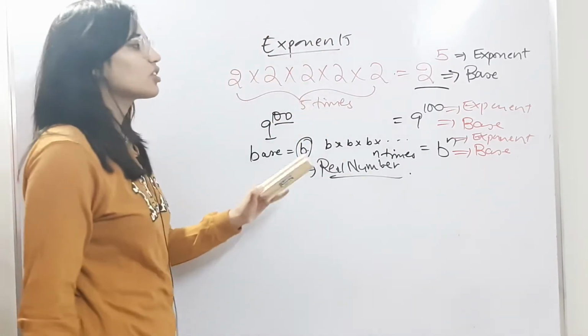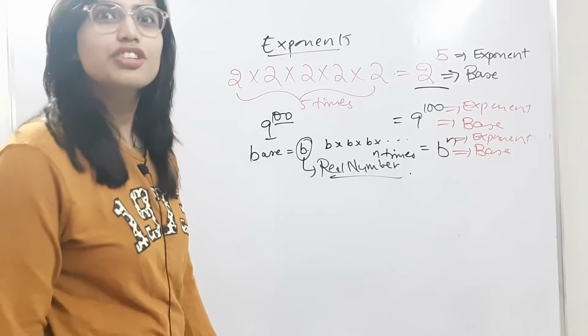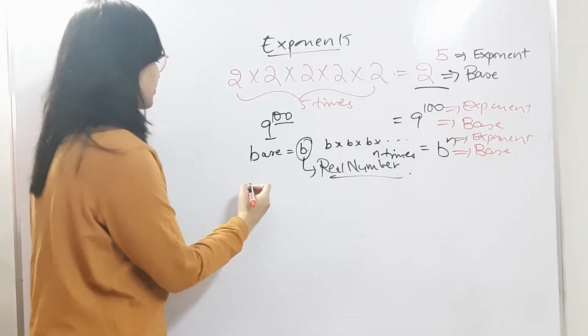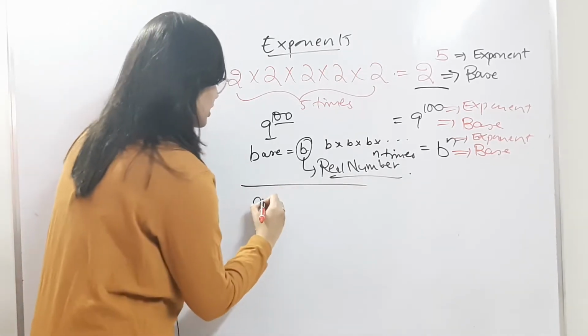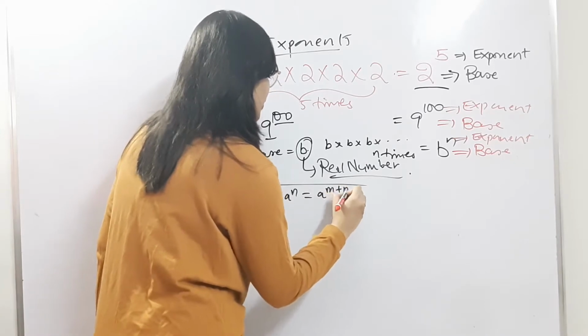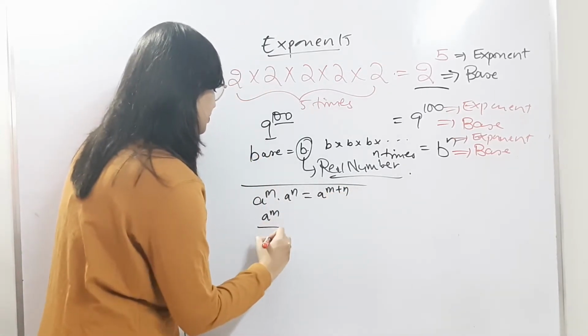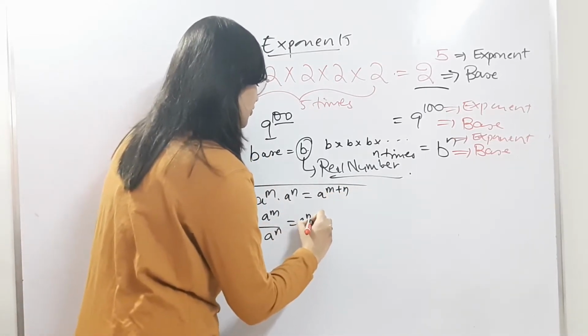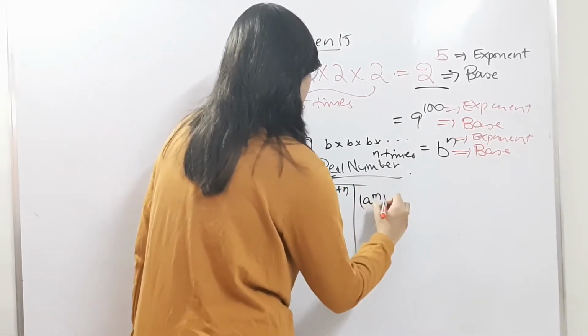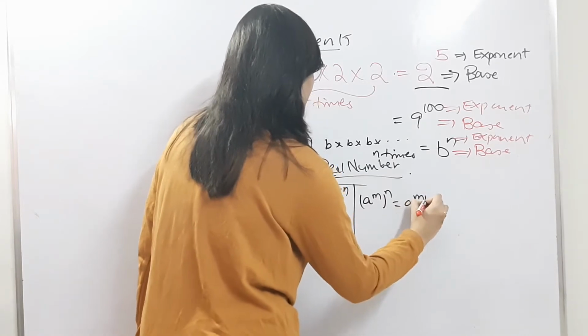Now, with this concept in mind, you might also have been introduced to certain laws of exponents, right? So what are the laws here? The first law is a power of m into a power of n, which we know is a power of m plus n. A power of m by a power of n is a power of m minus n. Then a power of m whole to the power of n is equal to a power of mn.